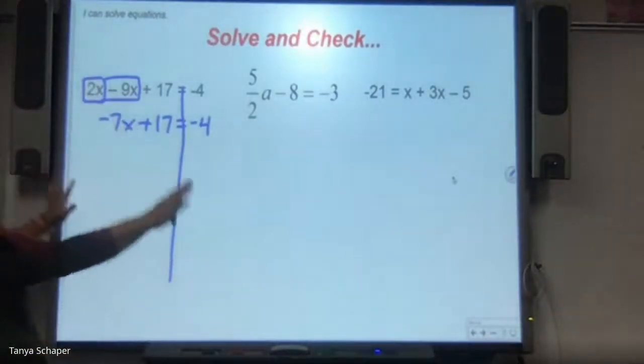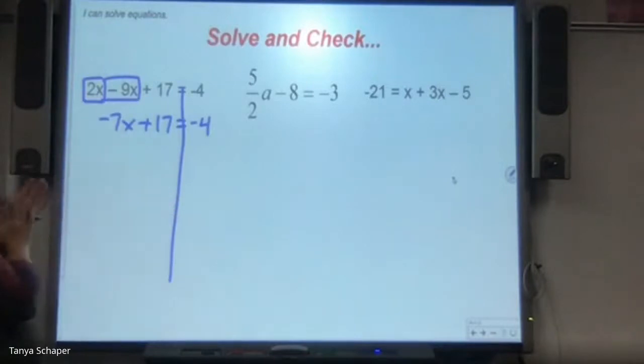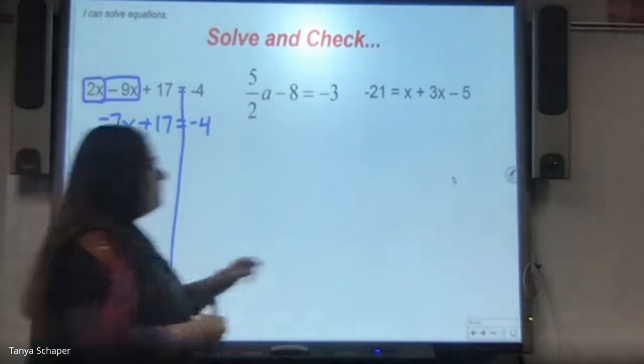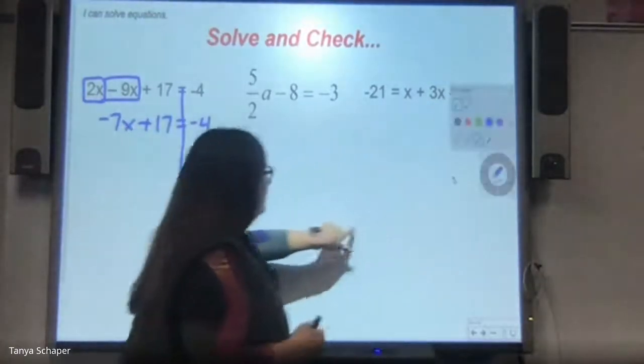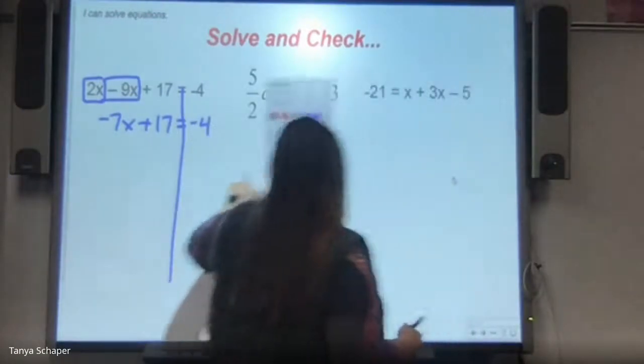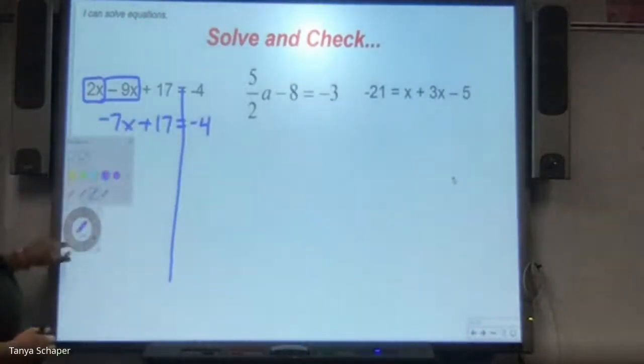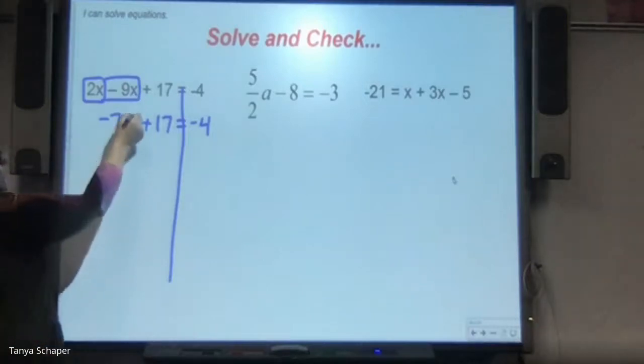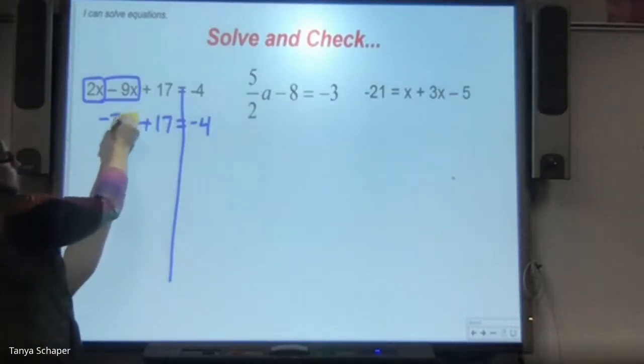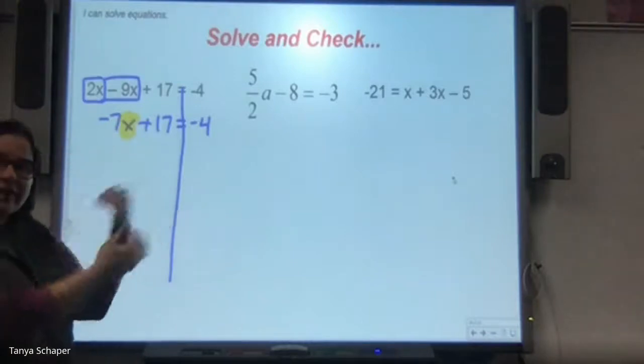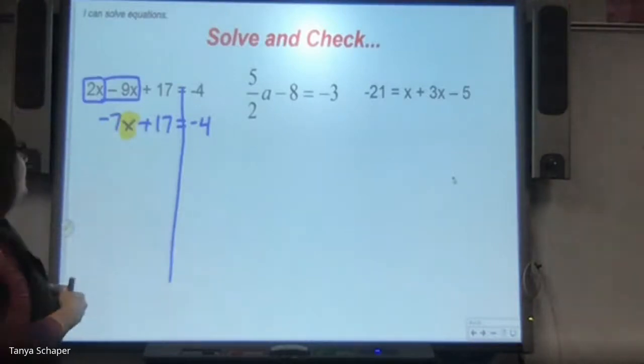So now everything's simplified. So now I'm going to reverse my order of operations. I'm going to pull this over here. My x is what I want to get alone. So I need to peel everything else away from that x.